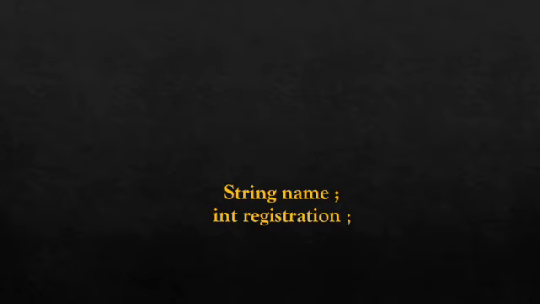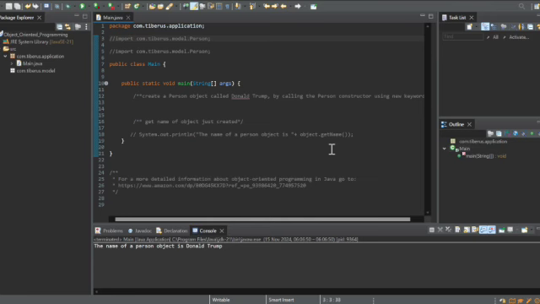So we're going to do a demonstration in the Eclipse IDE just to show you what we're talking about. Now we're in the Eclipse IDE. You're free to use any IDE of your own choice.